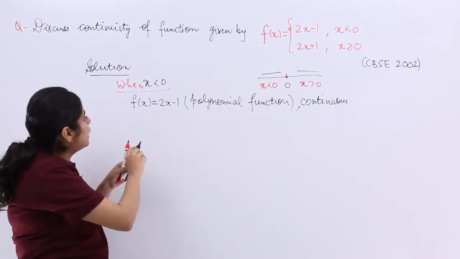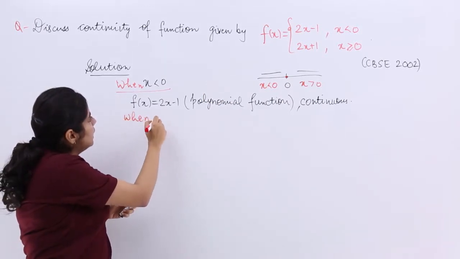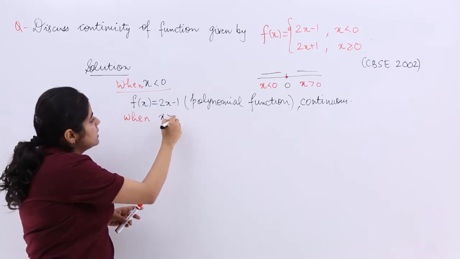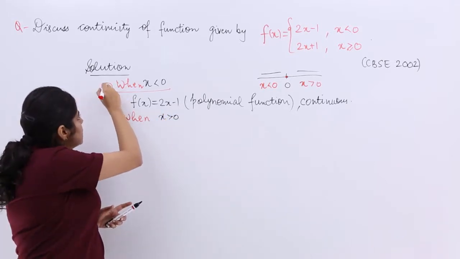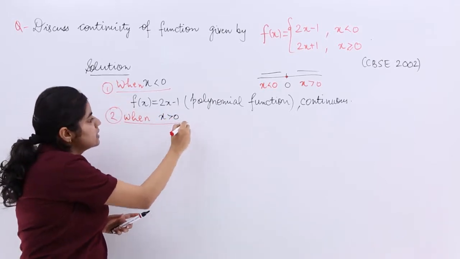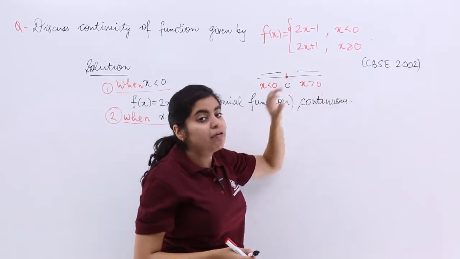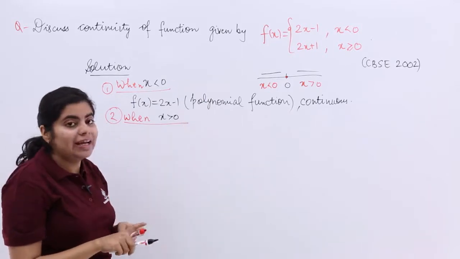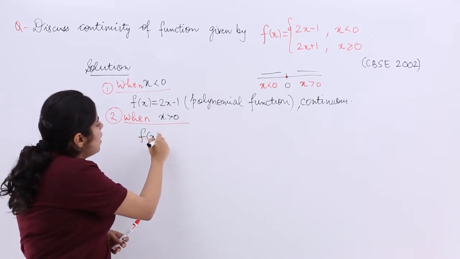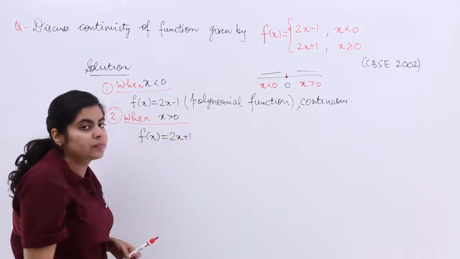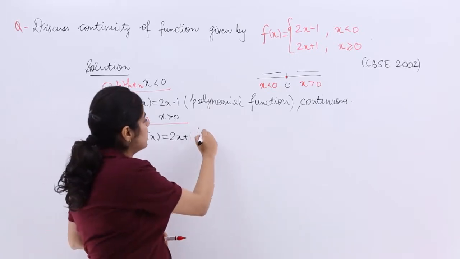Let's see what happens when x is greater than 0. So this is the first heading, this is the second heading. When x is greater than 0, I have 2x plus 1 as the function, so f(x) is equal to 2x plus 1. Now what kind of a function is 2x plus 1?